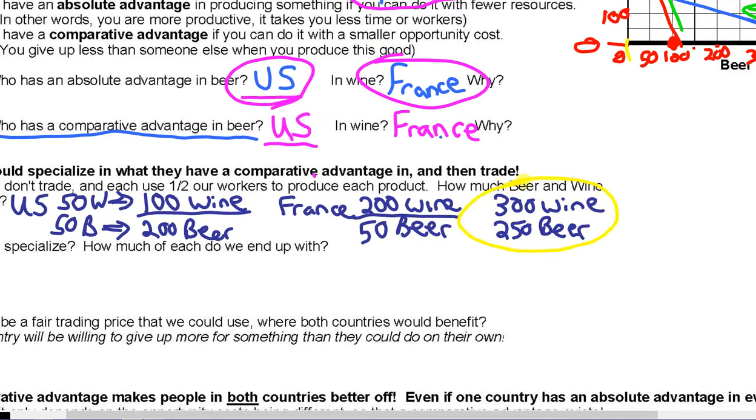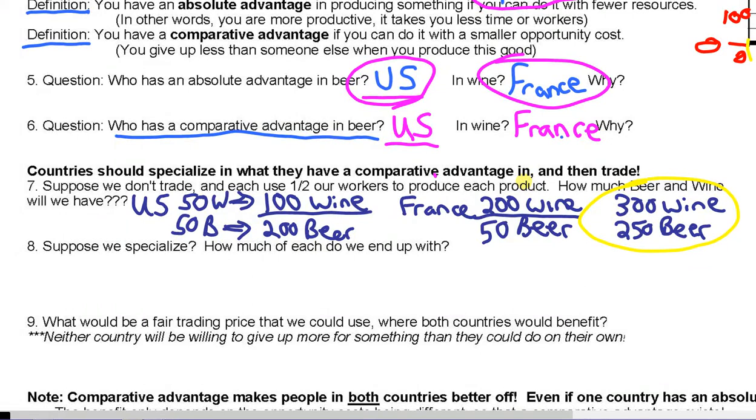Now I want to show you what's going to happen if they specialize. Countries should specialize in what they have a comparative advantage in and then trade. So let's suppose that they specialize. Let's see what the world output would be, and then let's try to figure out how they might trade. The United States has a comparative advantage in beer.